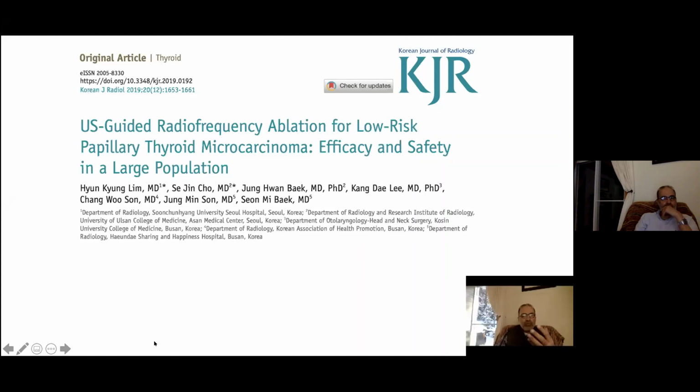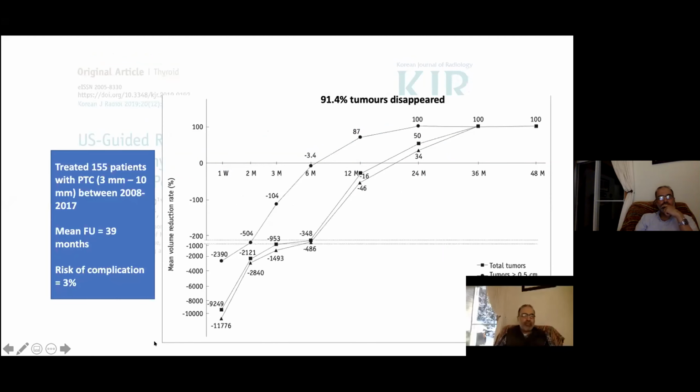The radiofrequency ablation, this is a study out of Korea. They've done very well. Essentially, what they did in this particular paper, they treated 155 patients, and they were microcarcinoma, i.e. less than a centimeter, between 3 to 10 millimeter. Over a number of years, they followed them, and they found that in about 91% of the patients, the tumor after treatment disappeared over a number of years, and the rate of complication was actually very low.